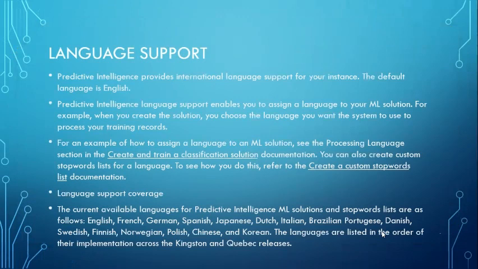Well, language support. Mostly ServiceNow is all English language based, but predictive intelligence can be run on other non-English languages as well, and it does give you an option to support different languages, where you can see at the bottom all the languages that are supported.